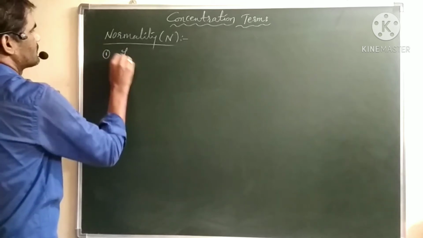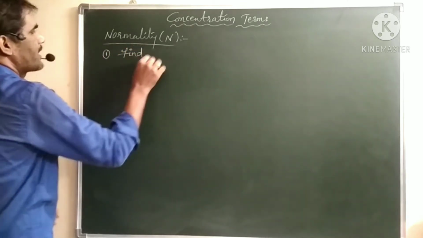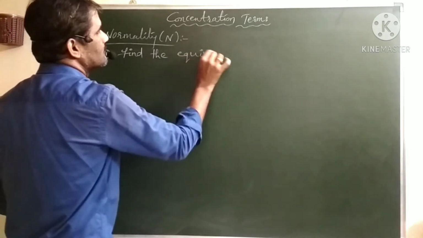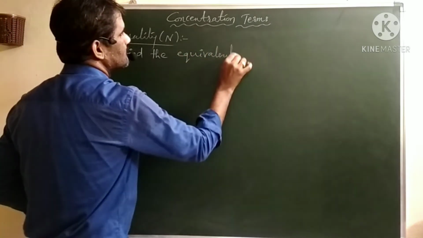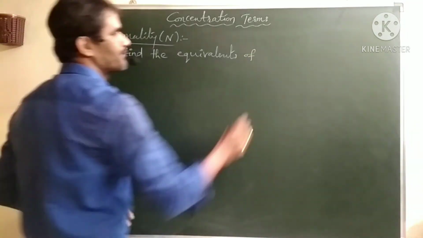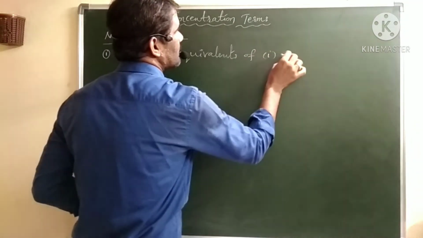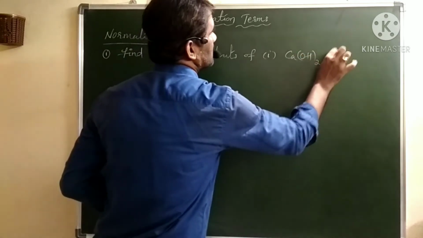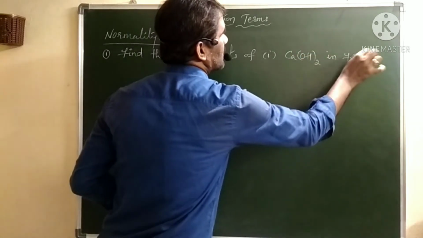First question: find the equivalents of, first one, calcium hydroxide in 74 grams.